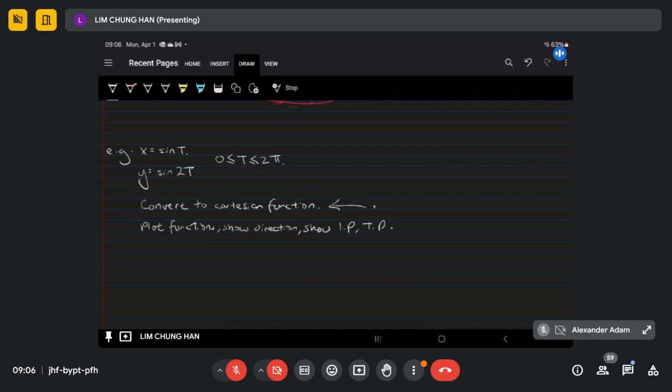When I say convert, it means I want you to combine x and y together and remove the common parameter t. That's basically what I mean. So how do you do it? Again, you need to use an identity.